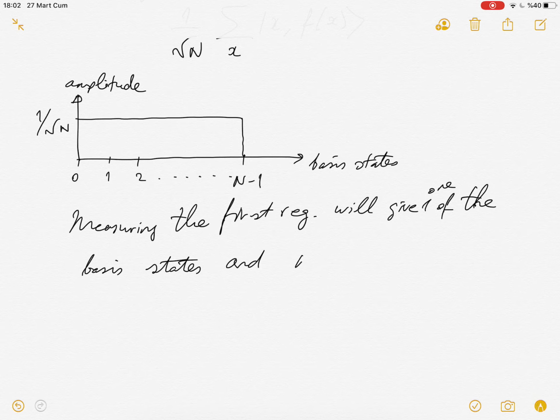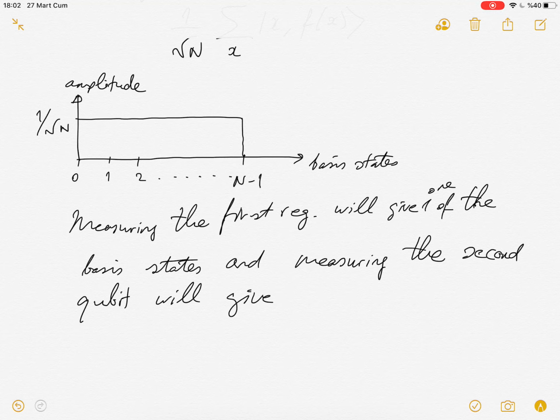And measuring the second qubit will give ket 0 with probability n minus 1 over n, or it will give ket 1 with probability 1 over n.